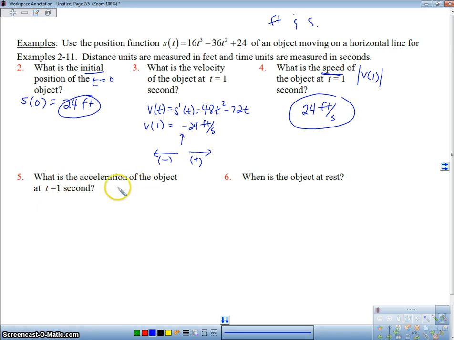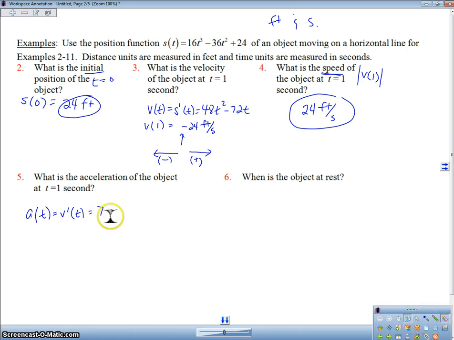So what is the acceleration of the object? Well, the acceleration is going to be the derivative of velocity. So we're going to have 72. I'm sorry, not 72. I can't math right now, apparently. Wrong one. It is going to be 48 times 2 using the product rule, so 96t minus 72.